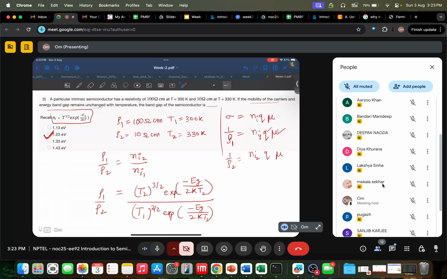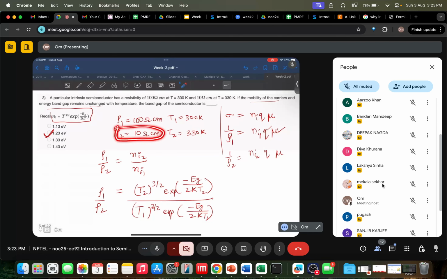The question says we have an intrinsic semiconductor that has resistivity of 100 at this temperature and resistivity of 10 at another temperature. We have to find the band gap Eg for the same semiconductor, and the conditions given are that the mobility and the band gap are constant with temperature.